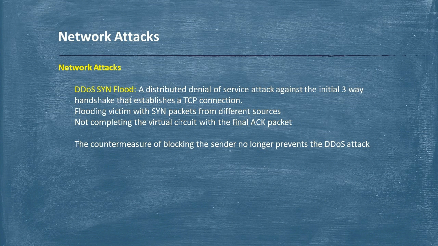So the victim is the compromised computer, which is flooded with a lot of SYN packets from different sources, not completing the virtual circuit with the final ACK packet. Because a lot of SYNs are coming, it is not able to acknowledge. So thus the denial of service happens. The countermeasure of blocking the sender no longer prevents the DDoS attack in this case.